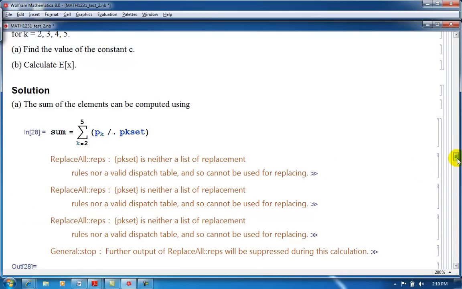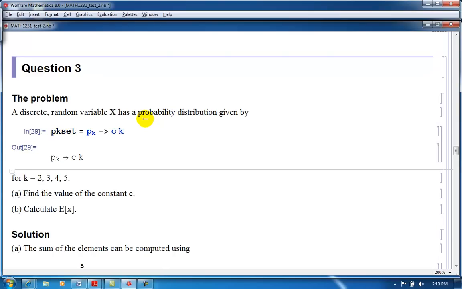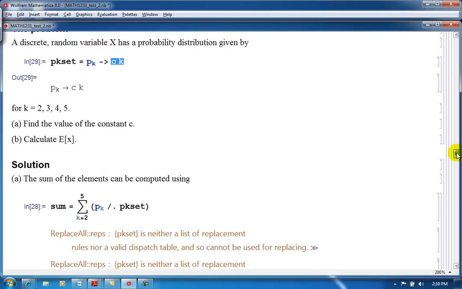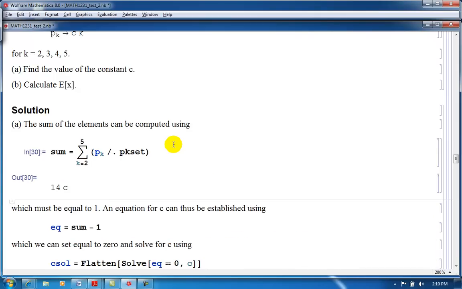And we must have forgotten to execute something here. We did. So this assigns to the variable pk the actual value c times k. So now we do that again, and that's 14c.